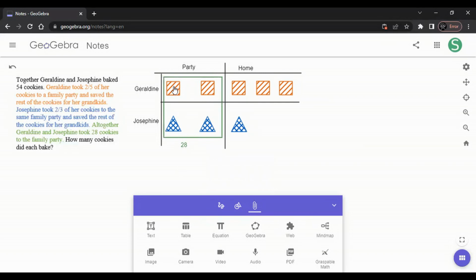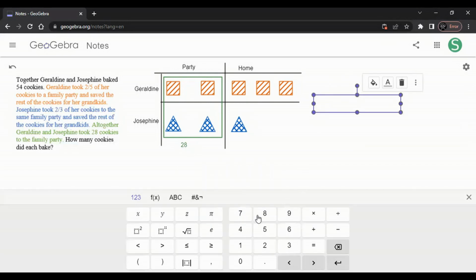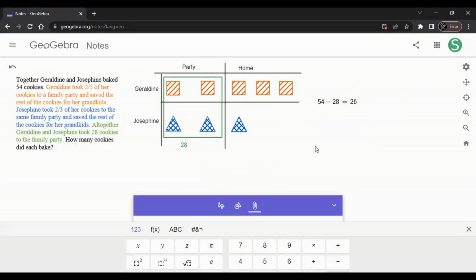Okay, so we know that these 2 squares and 2 triangles represent 28 of the 54 total cookies. So, if 28 cookies were taken to the party, how many were left for home? Okay, so we know that 54 cookies were baked in total, and 28 were taken to the party, which leaves 26 for home.